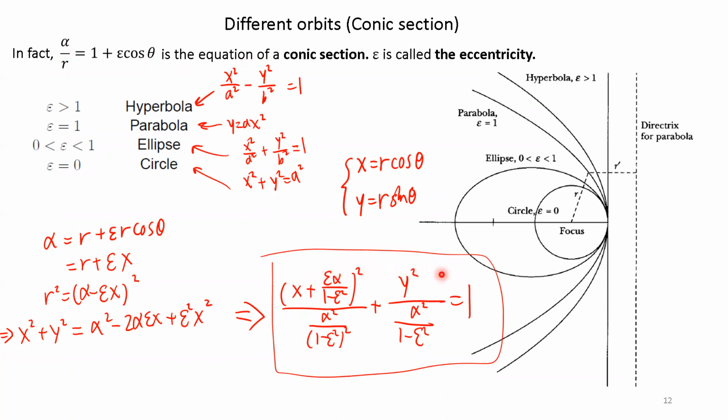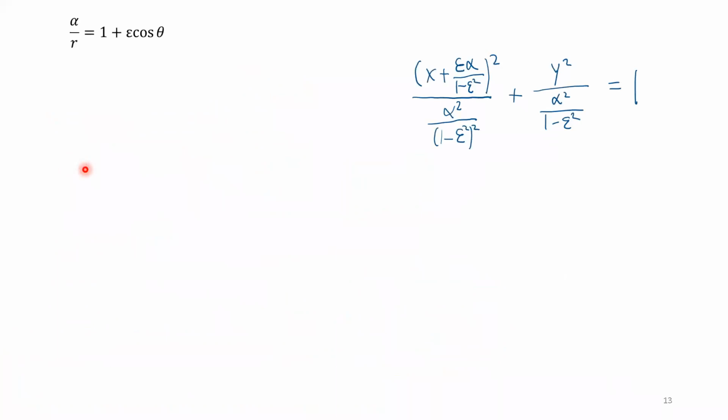If you just take this general form and plug in different values for this epsilon, which I call the eccentricity, you'll be able to show that it will give all these different shapes corresponding to these different values of epsilon. Here, let me just quickly show you how it is the case.